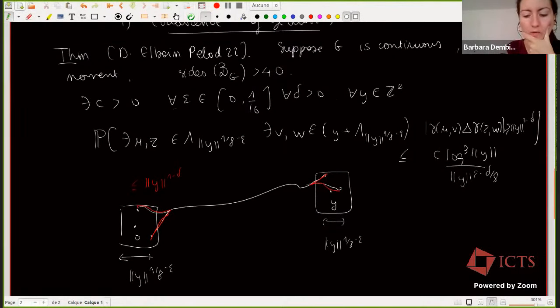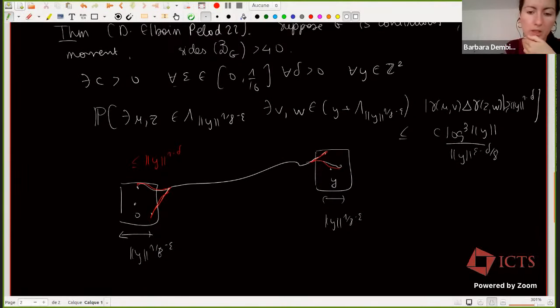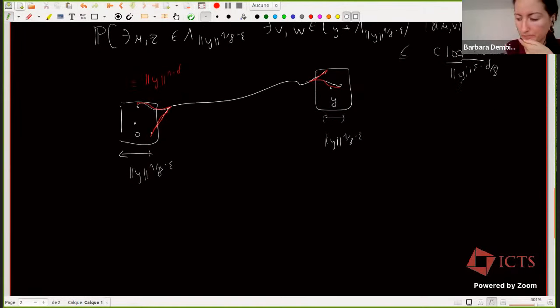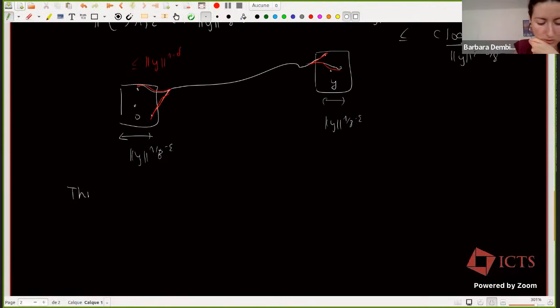Now thanks to this theorem, we can deduce a result about the BKS midpoint problem, about controlling the influence of edges.